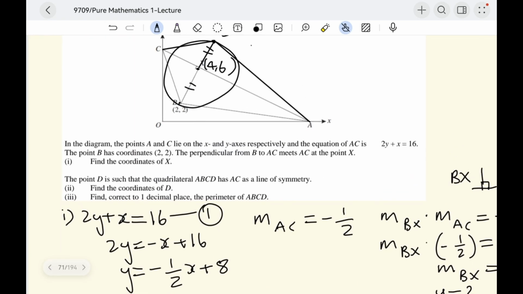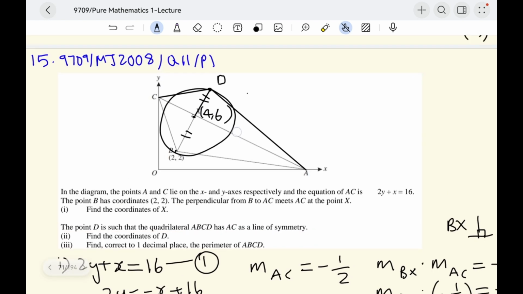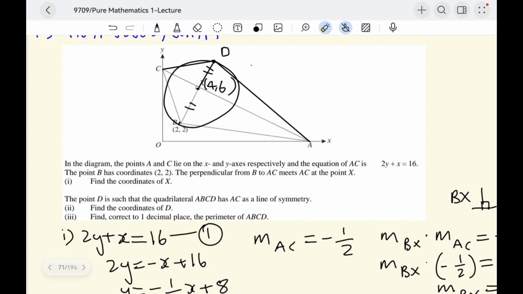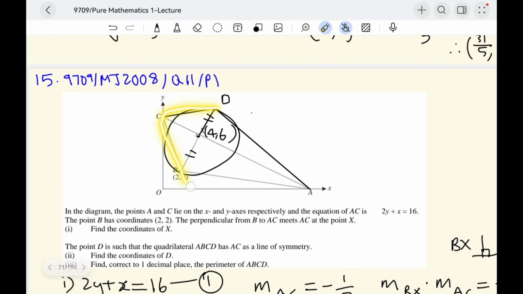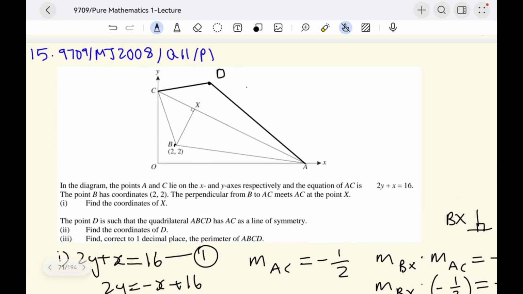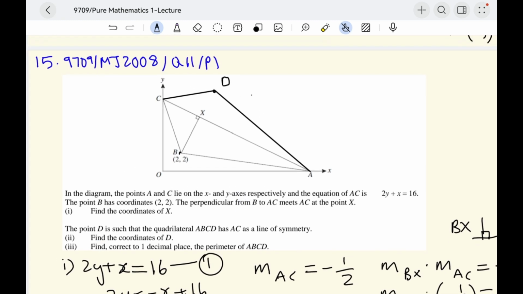Find, correct to one decimal place, the perimeter of ABCD. So we have found that ABCD is a kite. Generally it is a quadrilateral. So how to find the perimeter of ABCD?